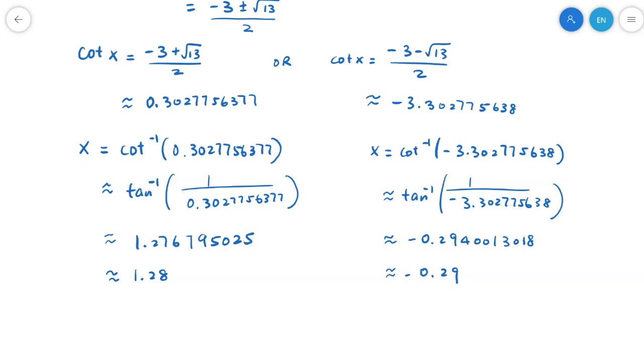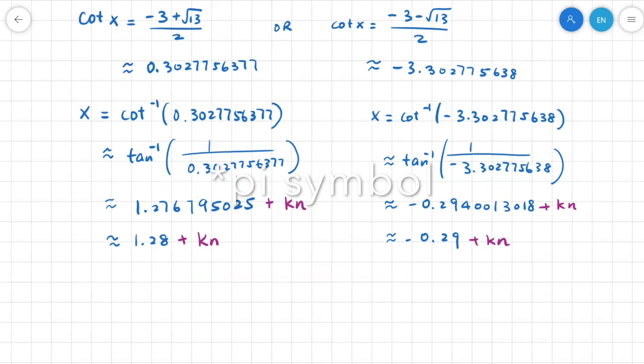So once I have the inverse function, I get one answer, and I can get the same cotangent value by adding one period. So if I add n pi, actually not only one pi, if I add k pi to the answers, then I'm pretty much including all my answers.